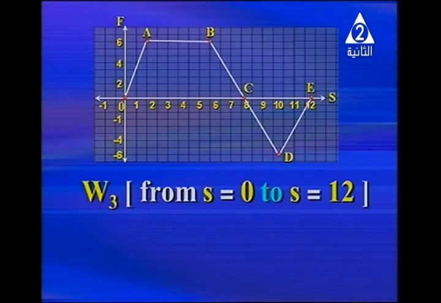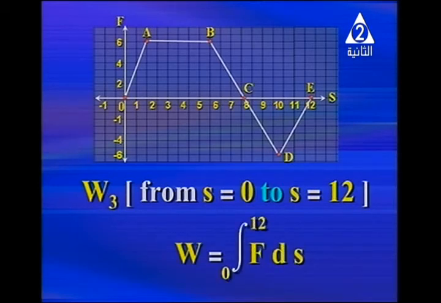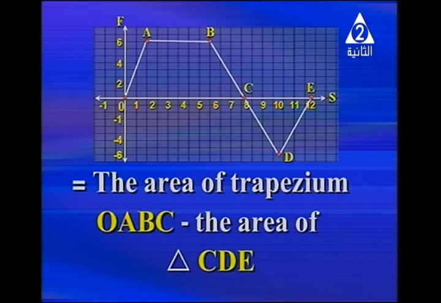The work done from S equals 0 to S equals 12 is the integration from 0 to 12 of F ds. Then we take the sum of the two areas, the trapezium and the triangle.